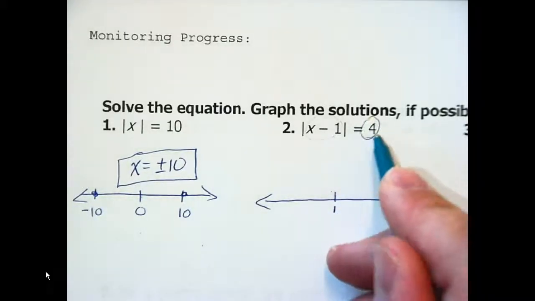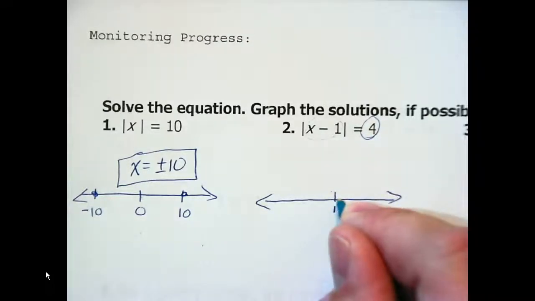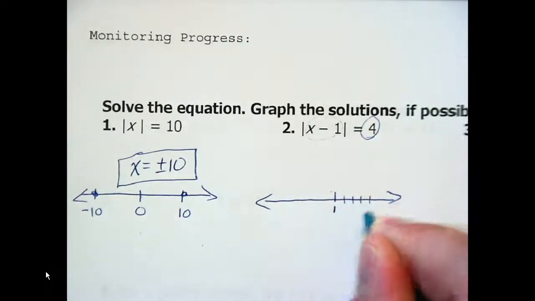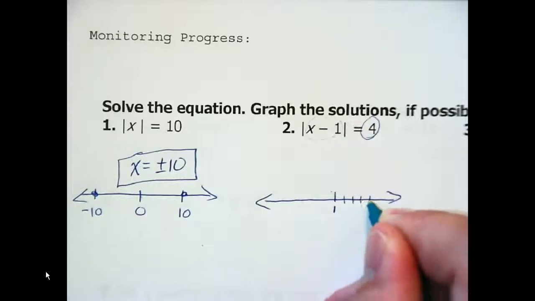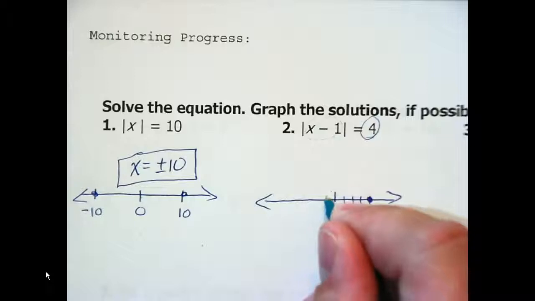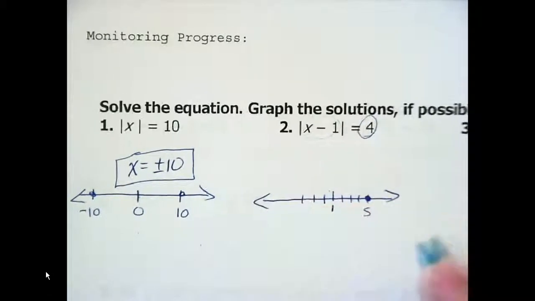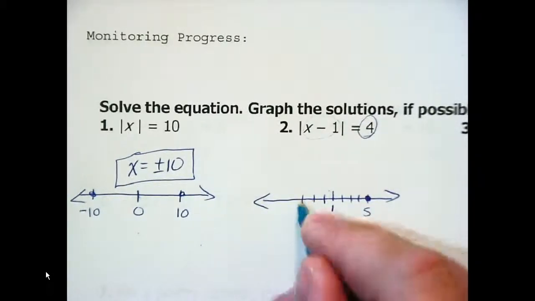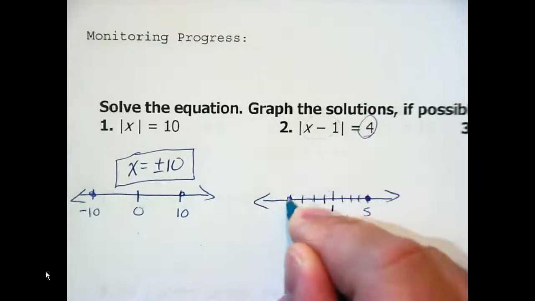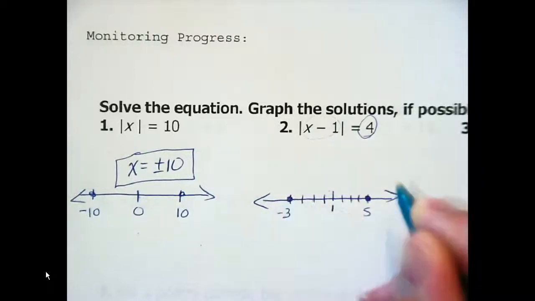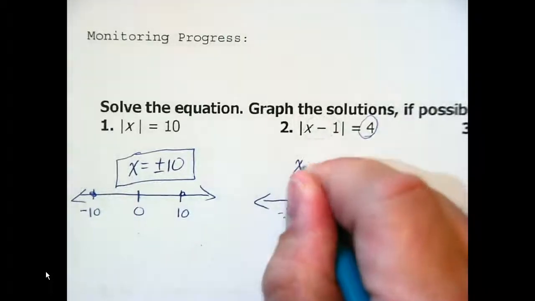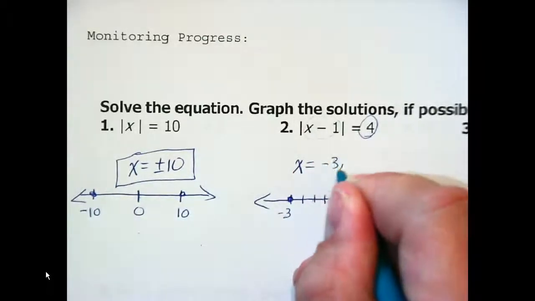This is how far you move. We move 4 units this way. 1, 2, 3, 4. So that's 2, 3, 4, 5. That's one answer. The other answer is this way, 4 units. 0, -1, -2, -3. So here, x equals -3 and 5.